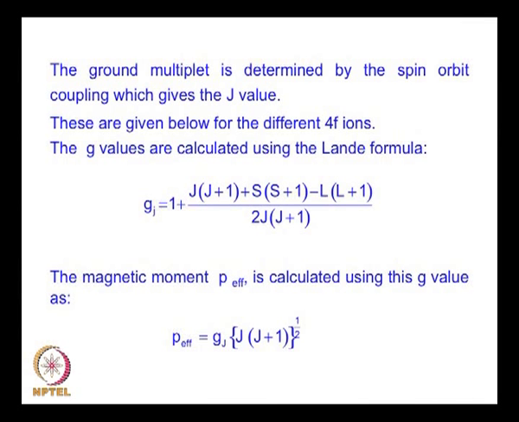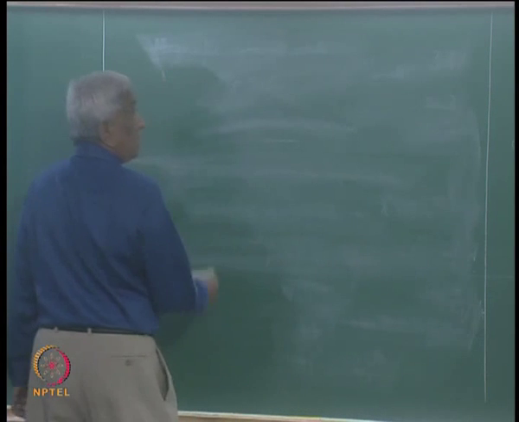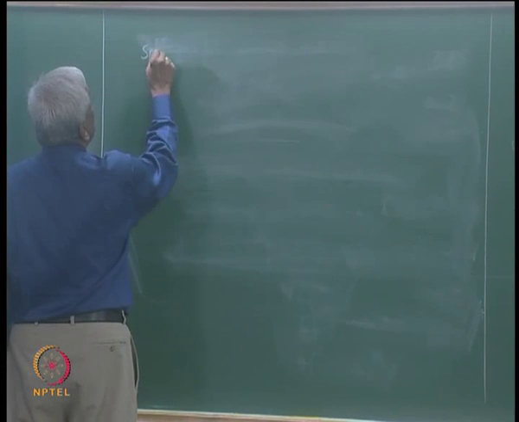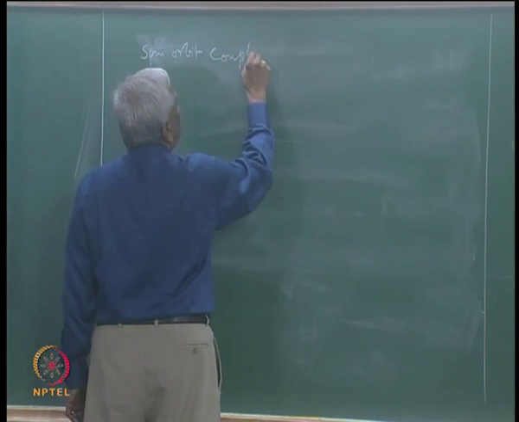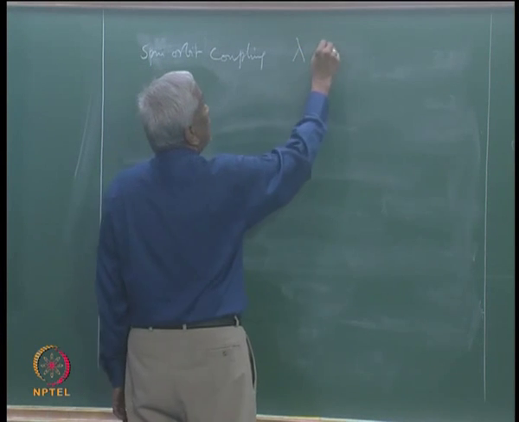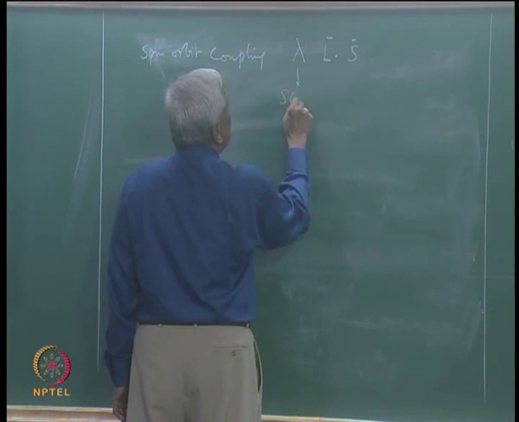Once we know the total orbital and spin angular momentum corresponding to the ground term, it is the ground state which matters in magnetic properties, and therefore, we are interested in the ground term, and this term now is acted on by the spin orbit coupling, which is usually represented in the form lambda L dot S, where lambda is the spin orbit coupling constant.